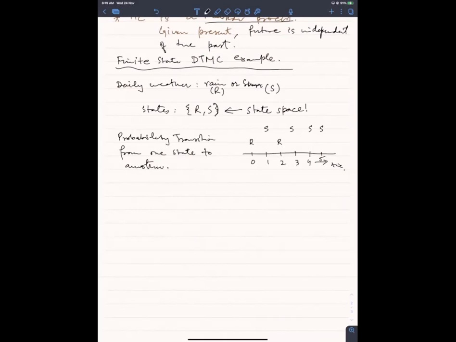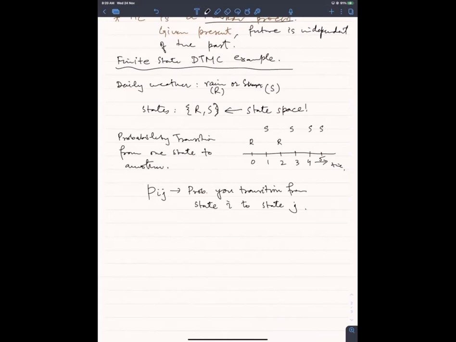So we call this, let's say, the probability of transitioning from rain to sun or sun to rain. So Pij is the probability you transition from state I to state J.